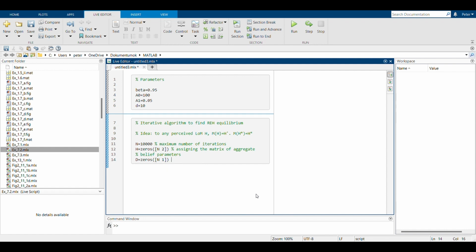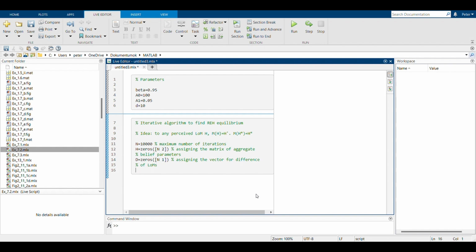Here we are assigning the vector for difference of laws of motion.